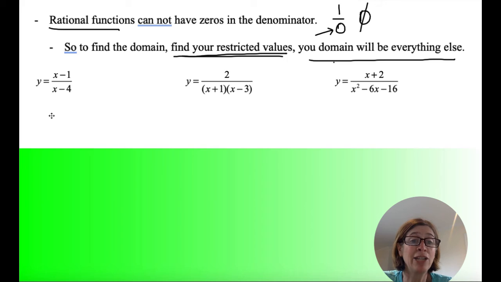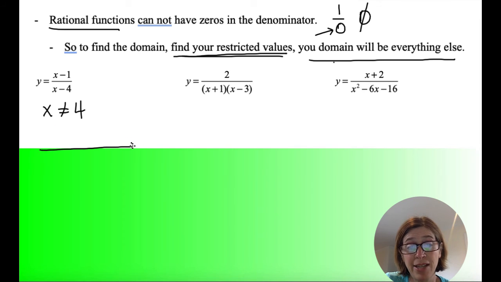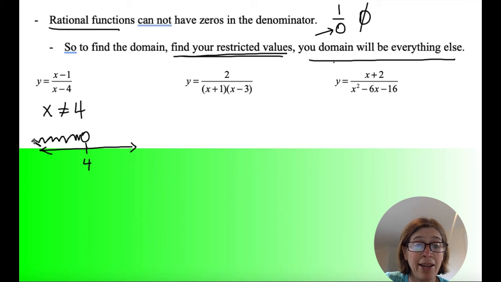All right, so in looking at this first one, I can see that x cannot be 4. So my domain is everything else. Okay, so this is where it gets tricky, is the interval notation for that. If I draw a picture of this, here I have 4. And I can't be 4, so there's like an open circle here. But it can be everything this way and everything this way.